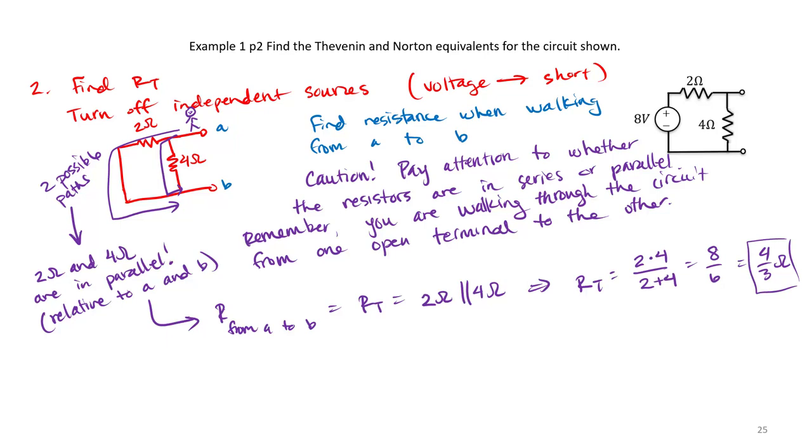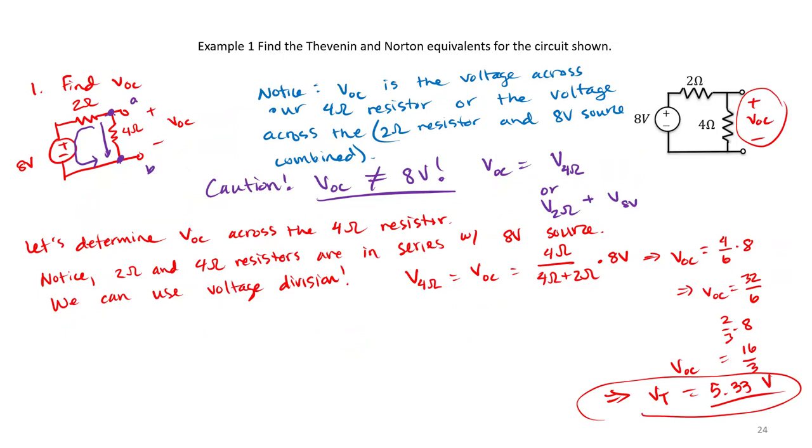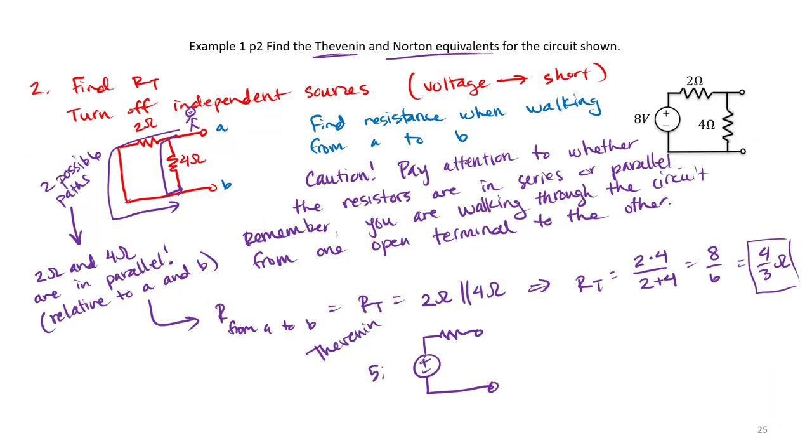Remember, our goal was to find both Thevenin and Norton equivalents. So we know that our Thevenin equivalent is just going to have our Thevenin voltage of 5.33 volts and our Thevenin resistance of 4/3 ohms. And then remember our Norton, we know our Norton current is simply equal to our Thevenin voltage over Thevenin resistance.